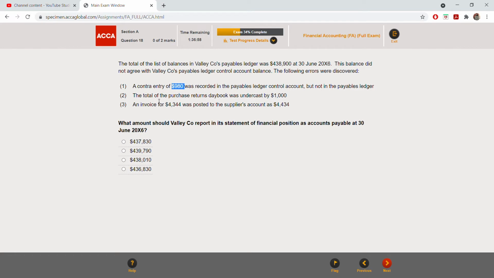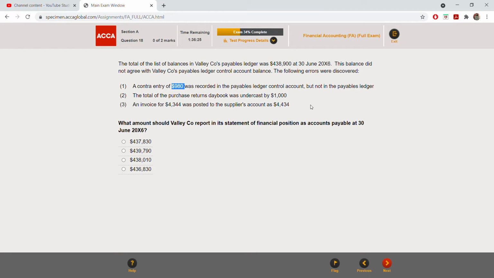They are talking about the total of the purchase return day book, so it does not affect the payable ledger. So you do nothing, but you need to understand that it does not affect. Third, there's an error. You can see 4344, 4434. So that 3 they have changed with 4. Yes, it's a transposition error. Rather than write 34, they are writing 43.